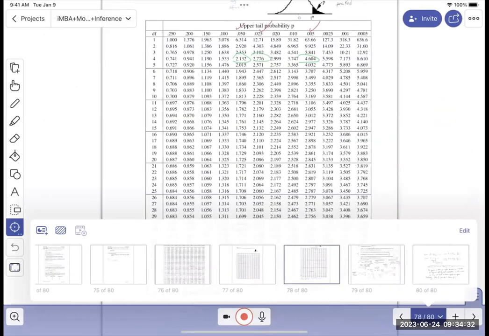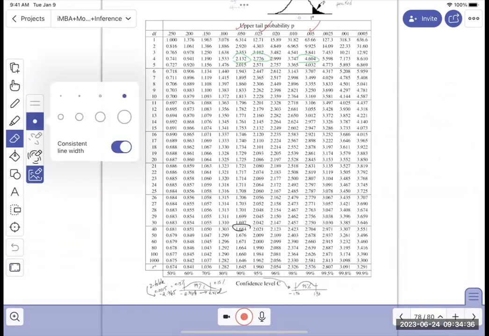So here's a distribution. We need to be at the third one. Let's clean this up a bit.